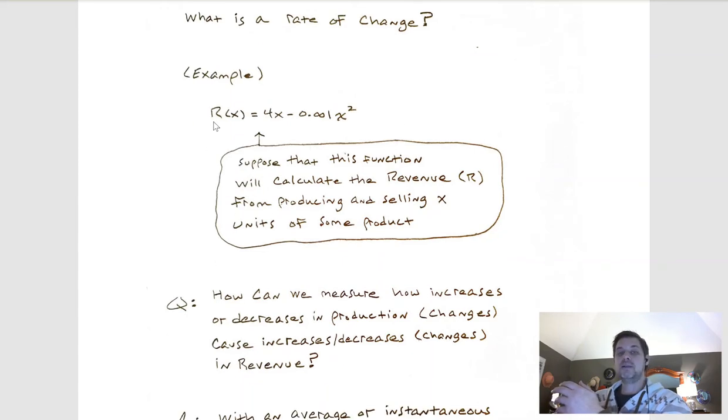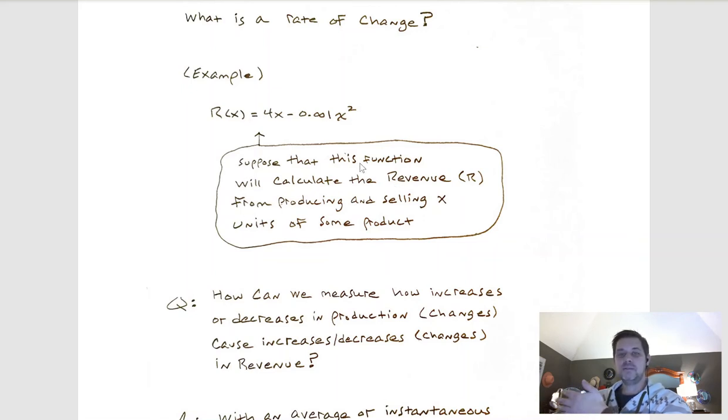So suppose that I have, now this is a very common type of function, a very common equation that we'll see throughout the semester. This is a revenue function. What this function does, let's suppose, is calculate the revenue from producing and selling x units of some product.